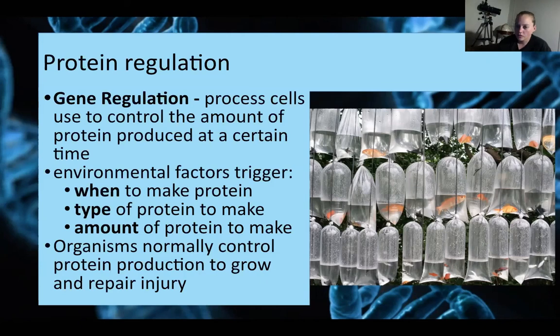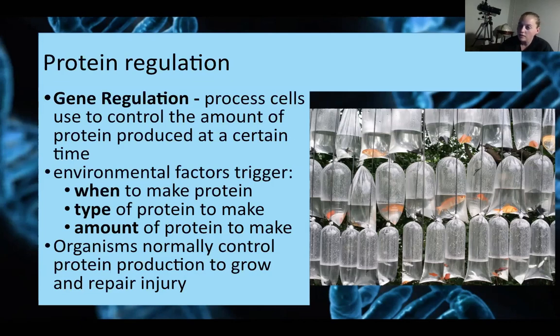Protein regulation for a cell is very important. A cell's life is a set of chemical reactions, and those proteins are involved in making those chemical reactions go smoothly. And if these cells don't have the right protein when they need it, then it can greatly influence that cell's life cycle, and we'll get to that a little bit more in a minute. So when we think about gene regulation, think about the word regulation as involved in hunting or fishing.